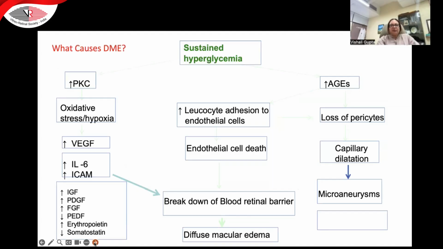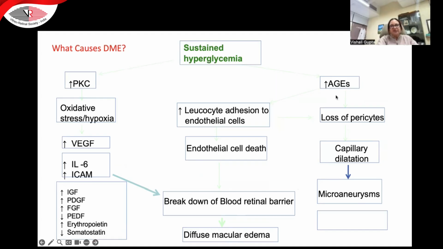Coming back to our pathogenesis, the culprit is sustained hyperglycemia, which causes an increase in PKC and oxidative stress, VEGF is released, and inflammatory mediators come into play. Hyperglycemia also causes endothelial cell death, breakdown of the blood-retinal barrier, and diffuse macular edema.